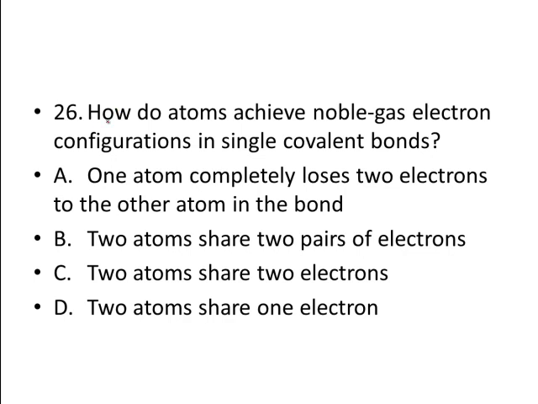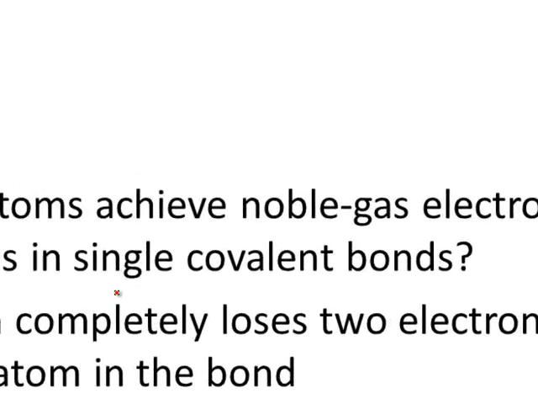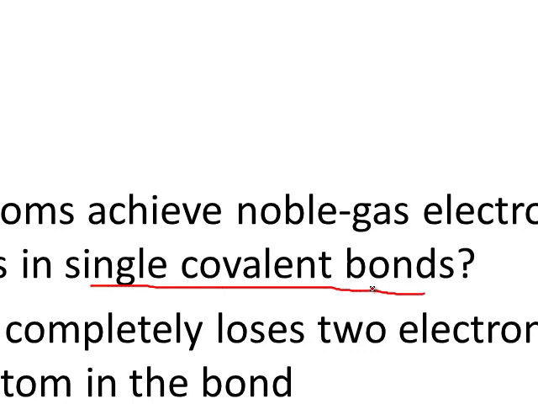Let's go to 26. How do atoms achieve noble gas electron configuration in a single covalent bond, which is not necessarily the same as ionic bonds in general? So we're talking about single. It's like having a single pair of shoes when it comes to electrons, because we're actually sharing. Covalent is another word for share.